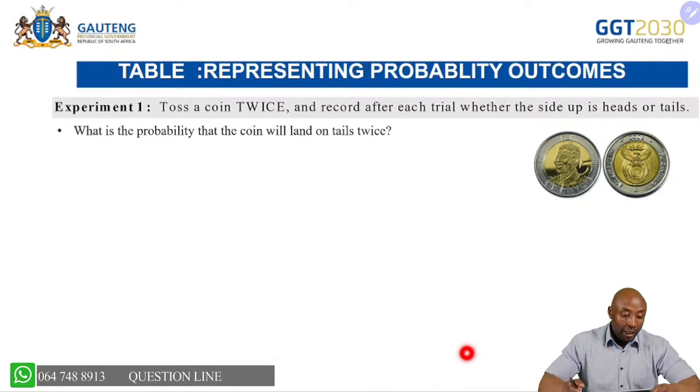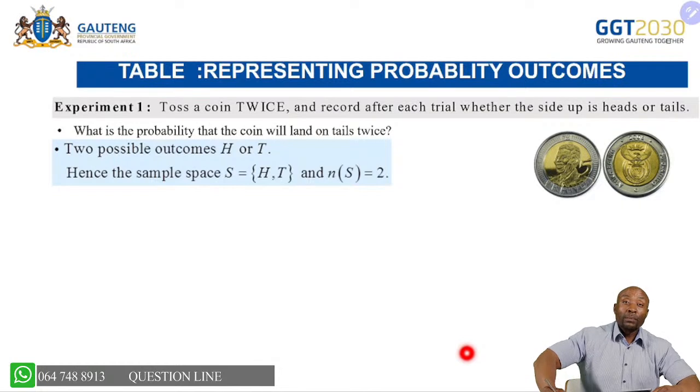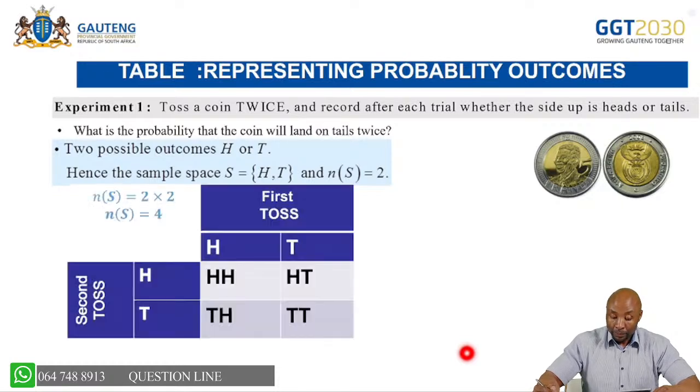We want to check the probability that the coin will land on tails twice. Now let's check. Our possible outcomes are head and tails, and our sample space is head and tail. The number in our sample space is 2.